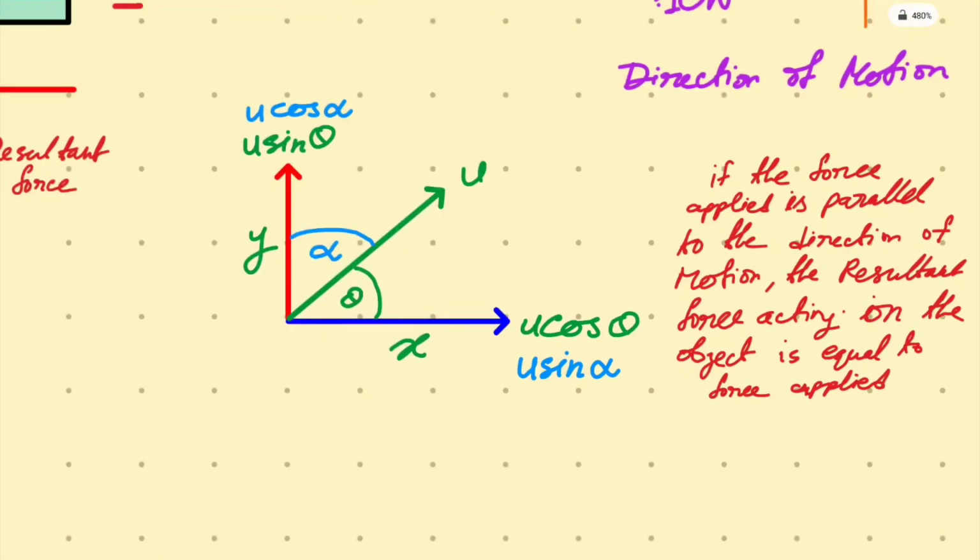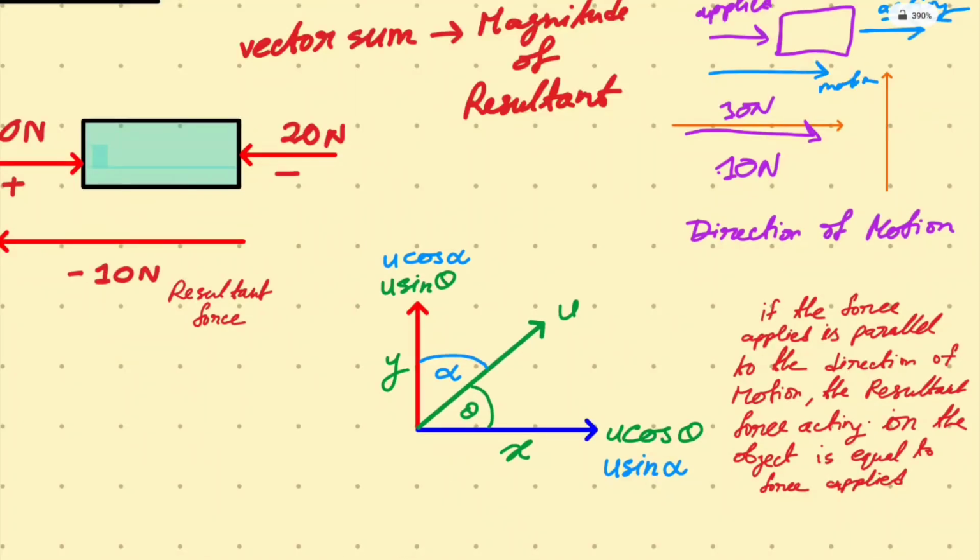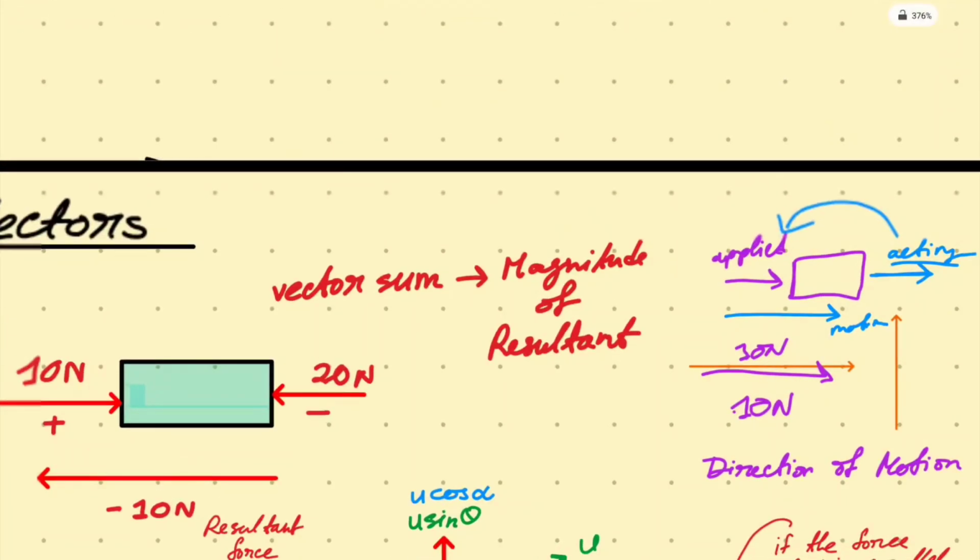According to this definition, if the resultant force is parallel to the force applied, then the resultant force must be equal to the force applied, which means that if I apply the force at an angle, then the resultant force and the force applied will not be equal.